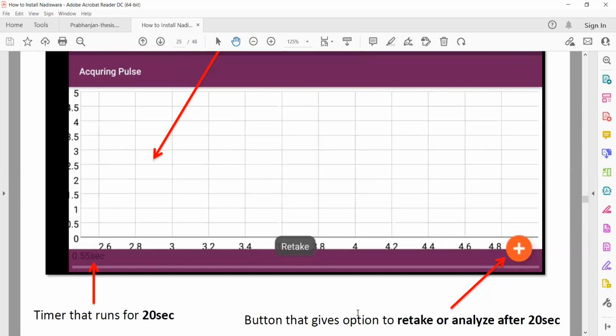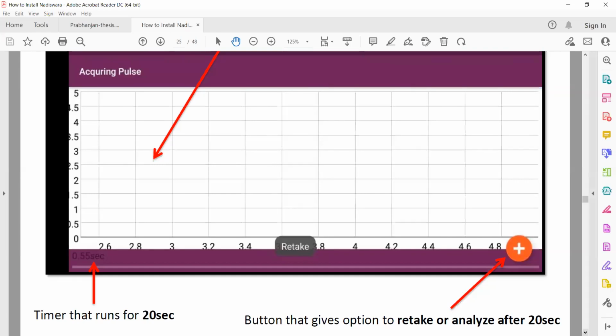Because internally, we are doing a lot of machine learning algorithms on the server side. Every time you capture the pulse and send it to the server, it waits for a larger number of samples and proper samples. I mean the proper data.